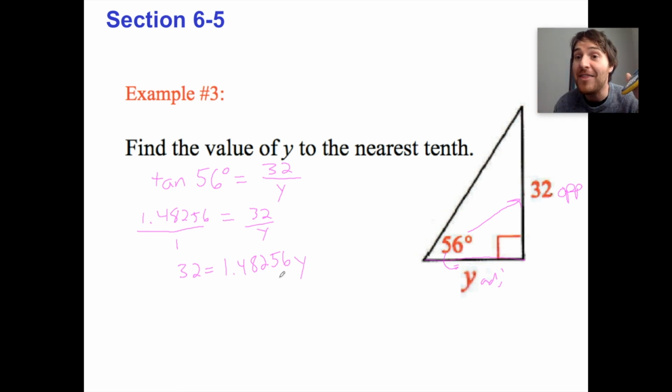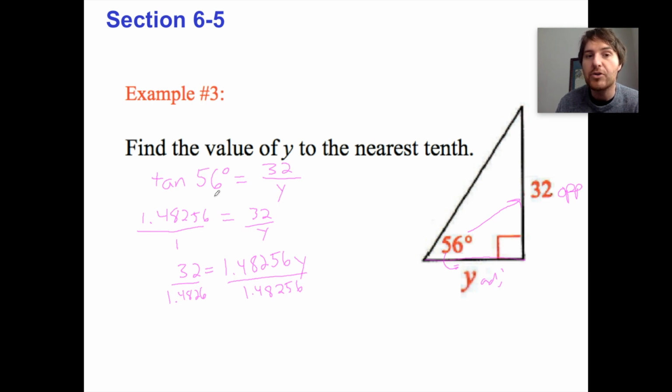How do you isolate y then at this point? Well, this is being multiplied to y, so we need to undo that multiplication. What undoes multiplication? Dividing both sides by that particular value. So on this one, we would take 32 and just divide it by the tangent of 56 degrees. Another way we can think about it is that we can do an extreme swap, right?